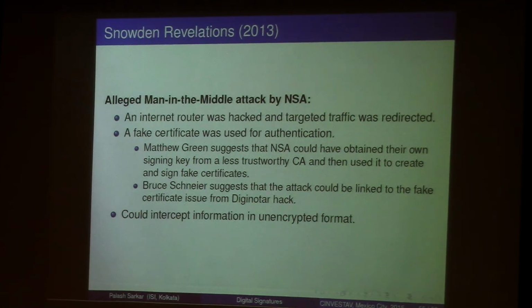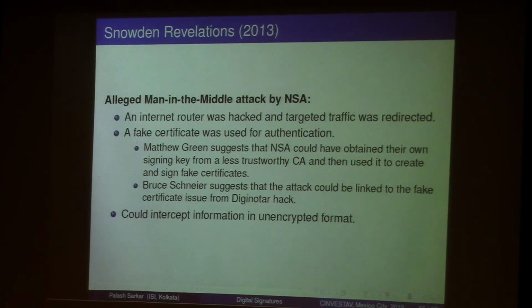So what they did was they hacked into one of the routers and then redirected the traffic, but they also used a fake certificate to authenticate, something like google.com. So they had a fake certificate for google.com, and then the redirected traffic would come to this google.com, get this certificate and believe it to be correct.